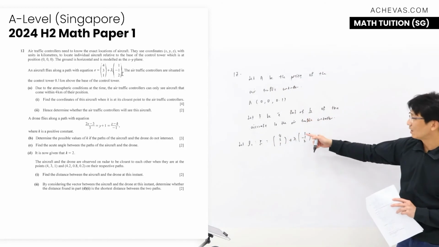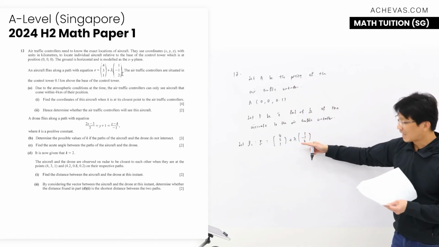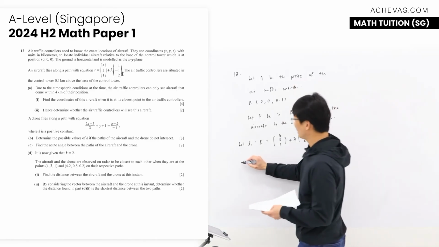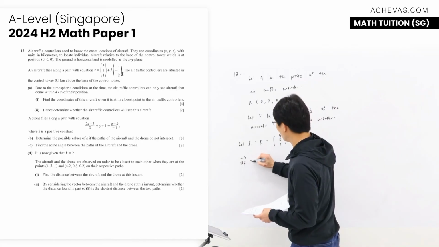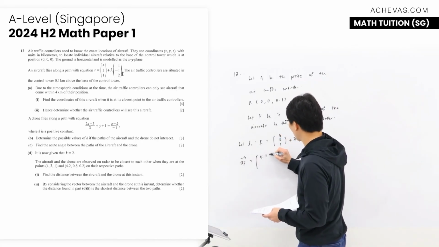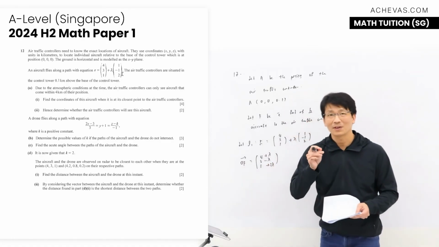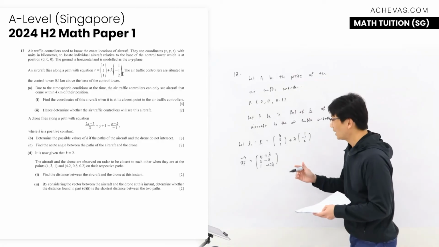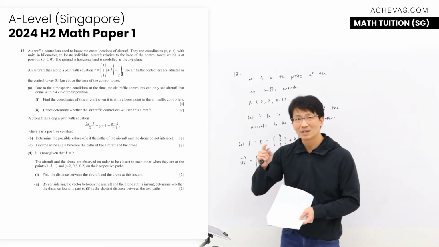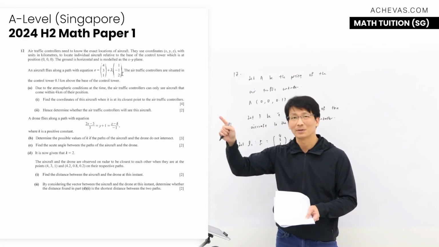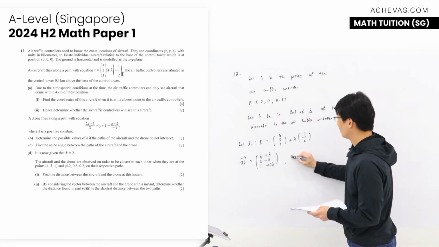And since this lies on this line, I can say OF will be equal to (4 plus lambda, 3 minus lambda, 1 plus 2 lambda) for some specific value of lambda. When we have different values of lambda, it basically means different points along that particular line.